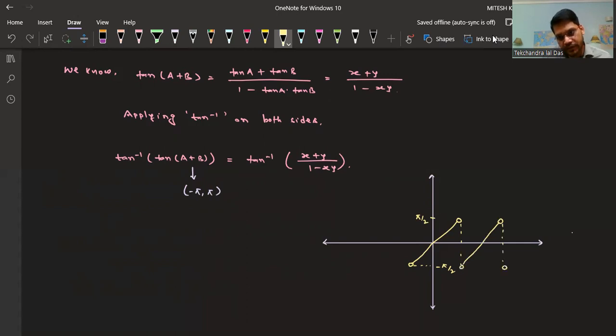Again the graph will start from here, like this, and so on. So this is pi by 2 here, this is minus pi by 2. Again we have to draw one more branch because we have to see in minus pi to pi. So the next branch will be like this.